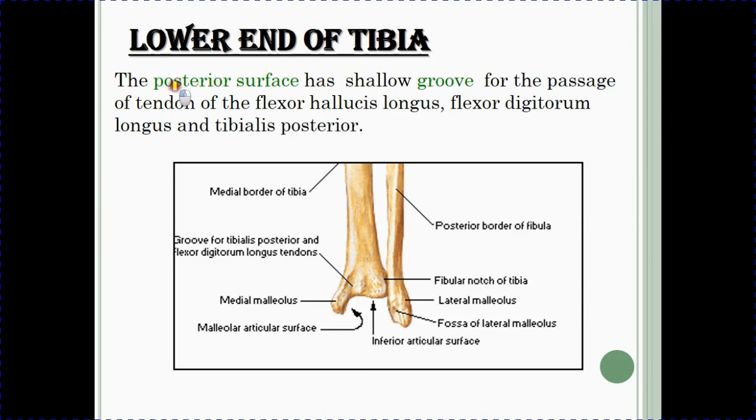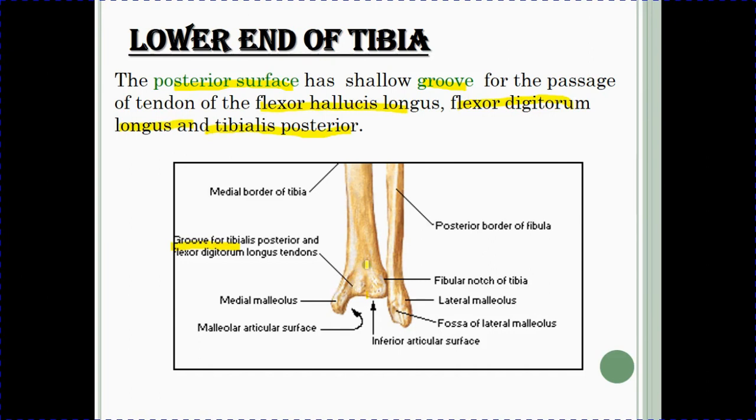The posterior surface of the lower end has shallow grooves. Now this is the posterior surface of the lower end, and you can see it has grooves for the passage of tendons of muscles: flexor hallucis longus, flexor digitorum longus, and tibialis posterior.